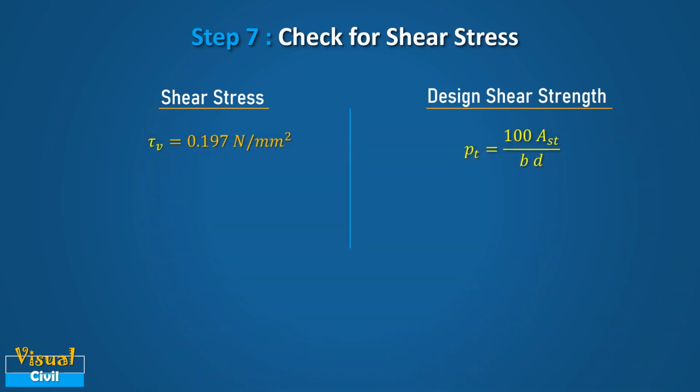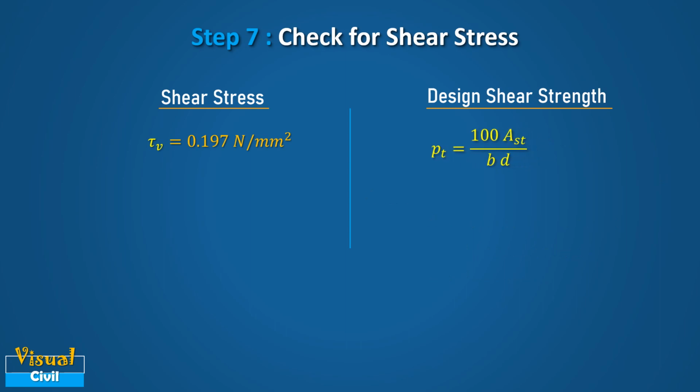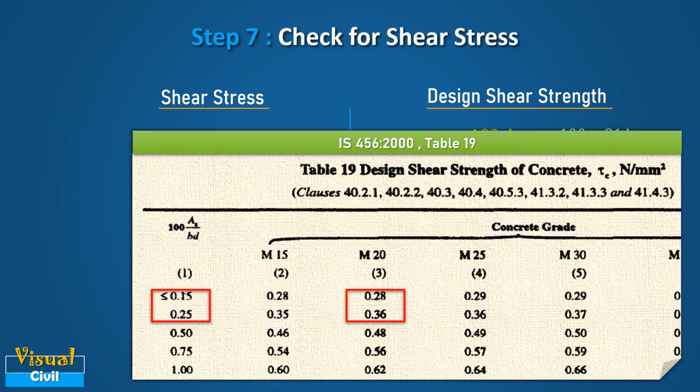In this, the value of Ast is the area of main steel provided at support at bottom, which is equal to 314 mm square. By providing the values of Ast, width and depth of slab, we get the percentage of steel pt as 0.196%.